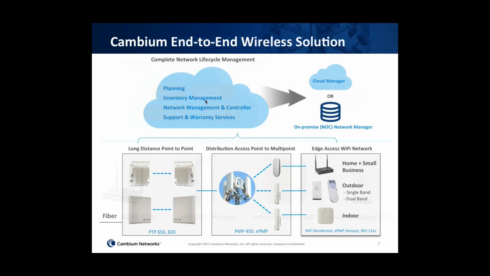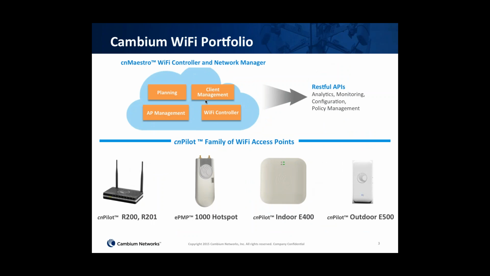The Cambium Wi-Fi portfolio has two components, the cnPilot, which is our access points, and cnMaestro, which is our controller and network manager. Among the cnPilot, we are launching four variants: the cnPilot R200 and R201, which are residential gateways for home and small businesses.